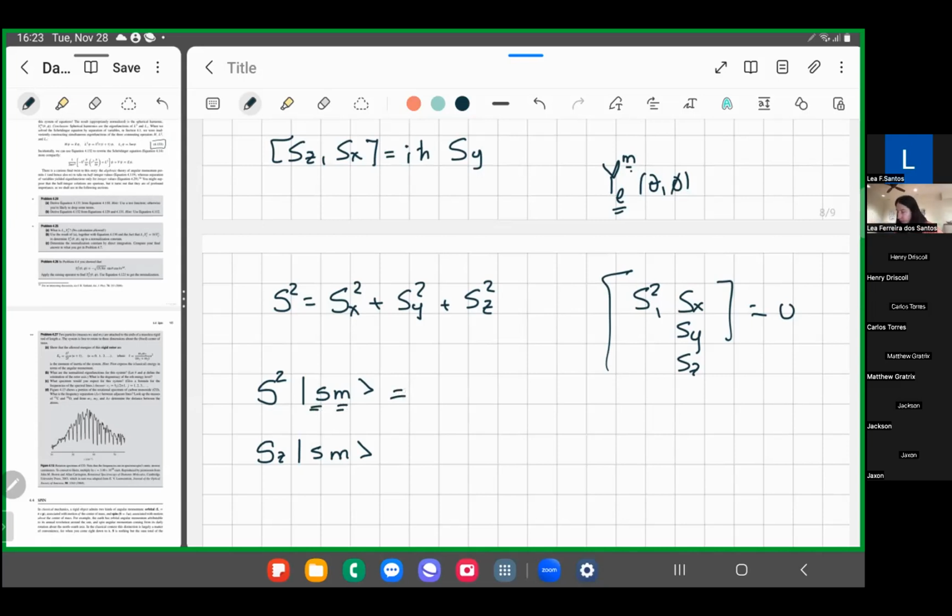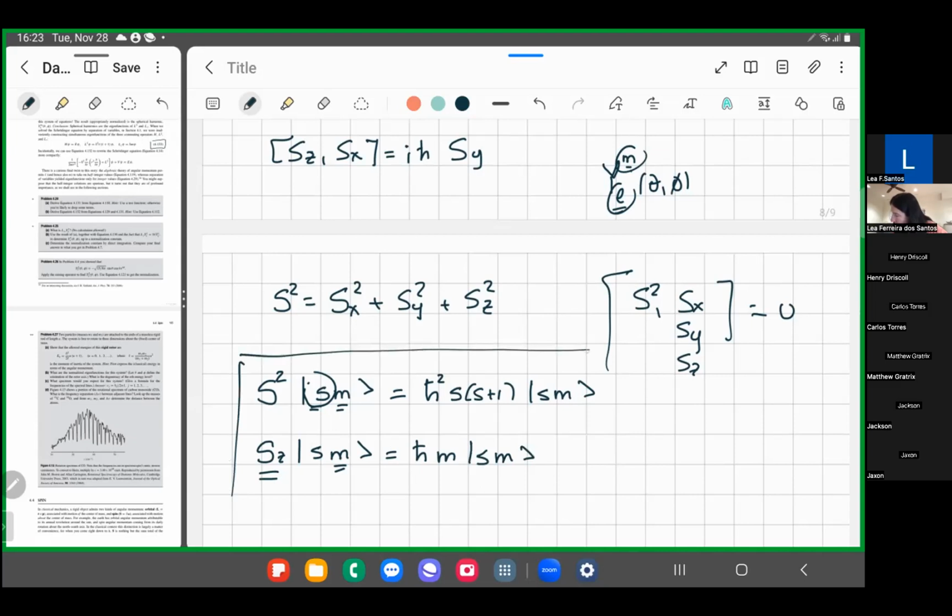Just follow what we learned before: ħ squared, now instead of L, I'm going to be dealing with S, S(S+1). We are just following, we are not deriving anything. How about the eigenvalue for SZ? It will be ħM, just as we had before. And this is the eigenfunction. So that's where we are starting from.